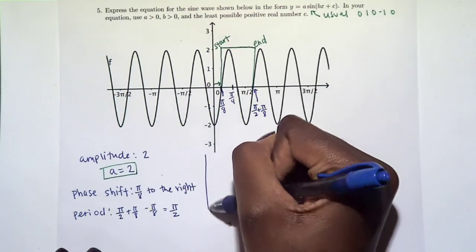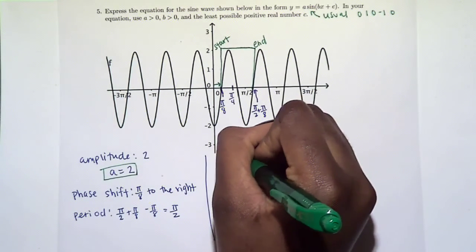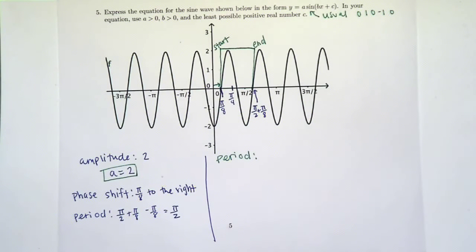Okay, that tells us nothing about A and B yet, so let's figure out A and B. Let's work with the period first because it's a little less complicated and it also only has one variable in the formula for it. Okay, so remember we have a formula for the period of our trig function, right?